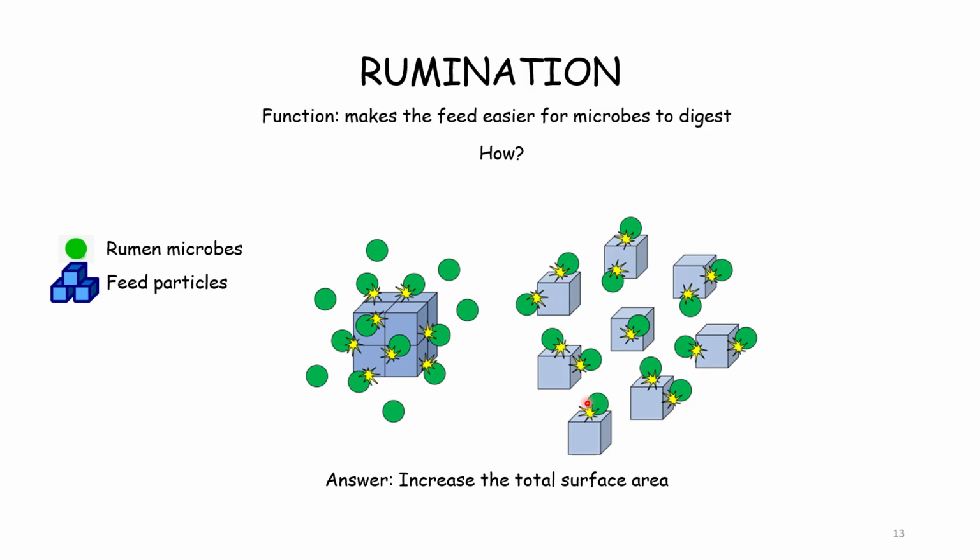So how does rumination make the feed easier for microbes to digest? It increases the total surface area. As you can see, the total surface area increases, so the feedstuff can break down easily into small pieces.